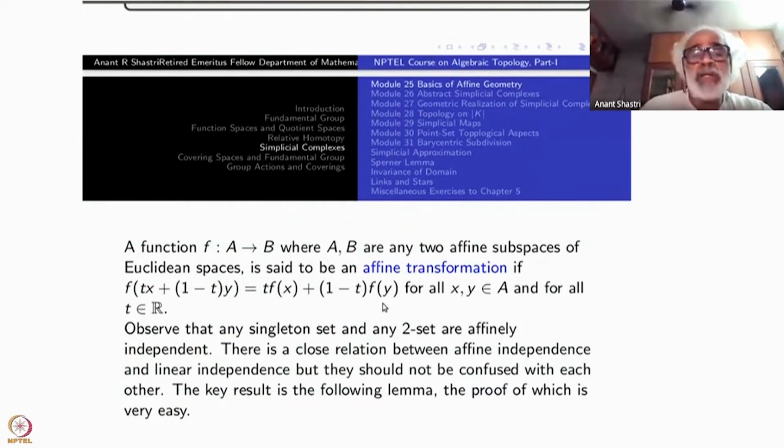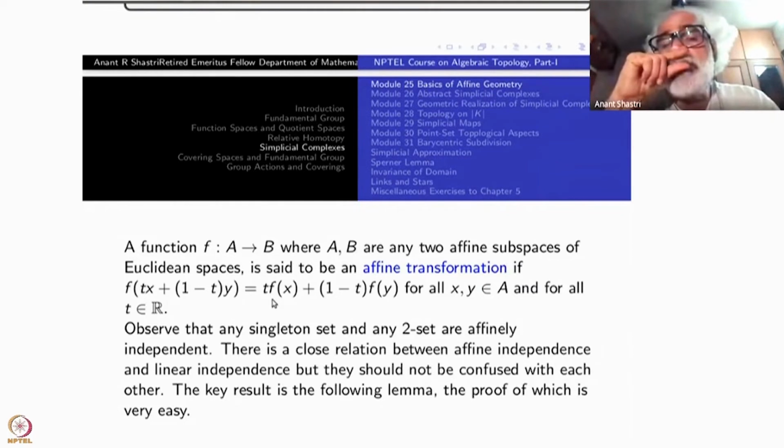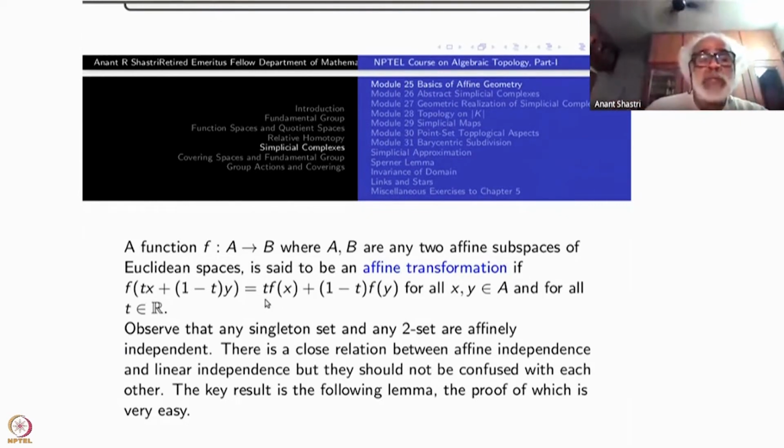We are not saying that f(x + y) is equal to f(x) + f(y), nor that f(tx) equals t times f(x). That would be linearity. This is affine linearity. Here t is any scalar, x and y are points of A. A and B are affine subspaces, so that whenever x and y are inside A, tx + (1 minus t)y is also inside A for all t.